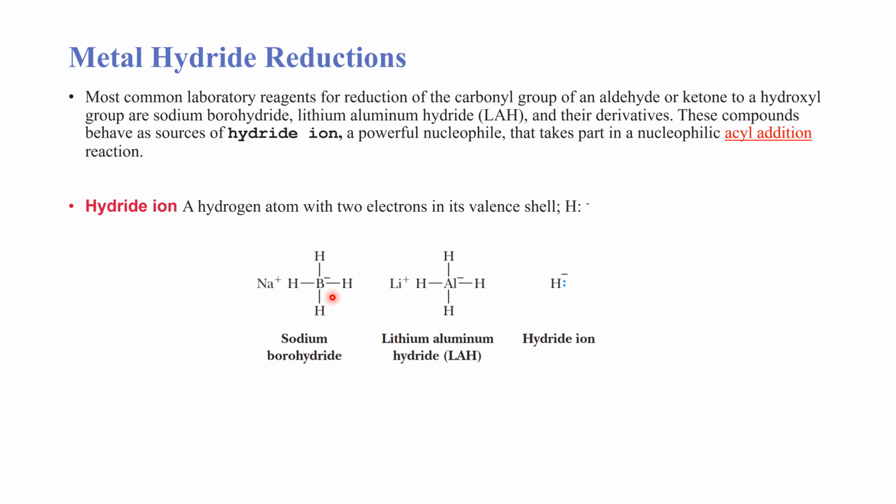Now, one more thing you should know: if you go through their electronic configuration, and try it yourself too, the boron gets the negative charge because it gets these two excess electrons from one of the hydrogens. It doesn't have its octet completed in normal conditions, so it makes some extra bond, and for that it gets the negative charge.